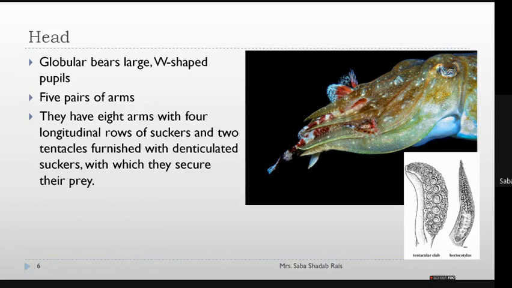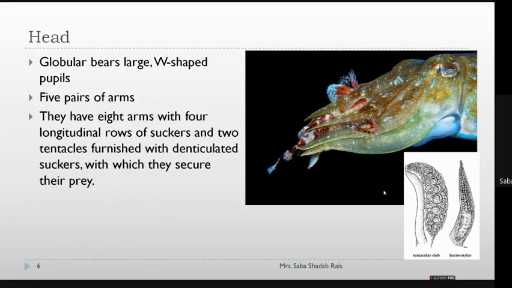Now, when we talk about the tentacles, these are very long. They are about two-thirds of the body length. Here you can see the outer part of the tentacle. When you see it, they have a strongly convex outer surface and a flat inner surface.